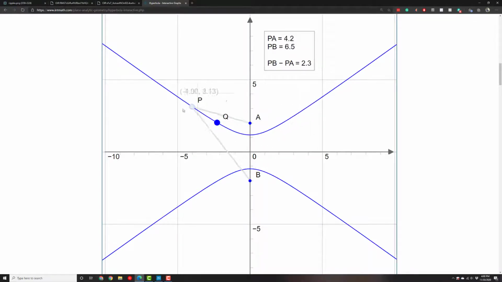So if you take all of the points whose distance from P to B minus the distance from P to A is kept at roughly 2.3, you'll see it branches out and creates these two curves. There you go. That's what I mean by the difference between those distances being constant. And by the way, those points A and B are called the foci.